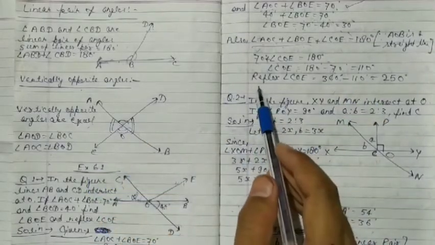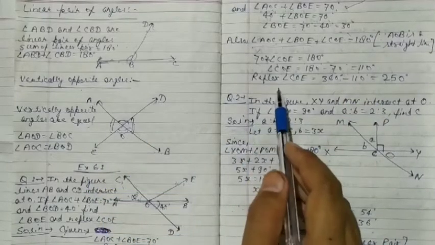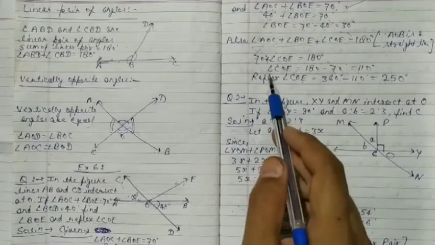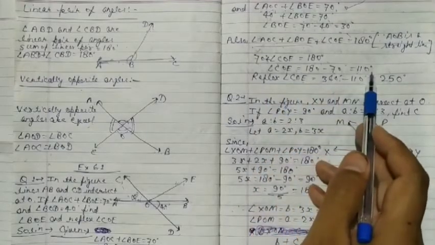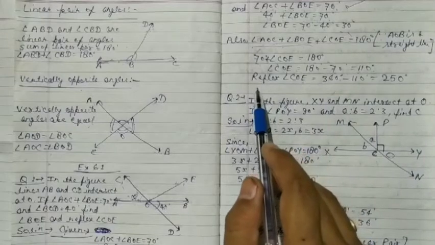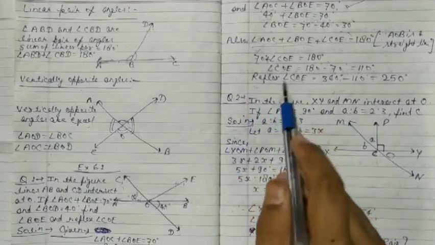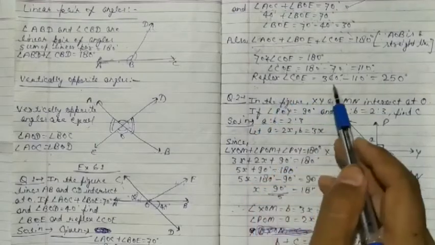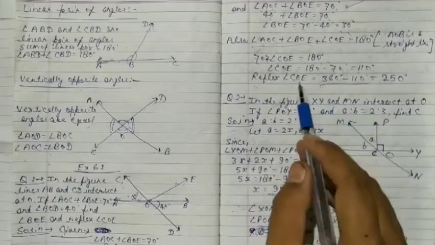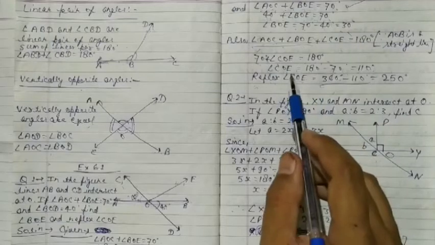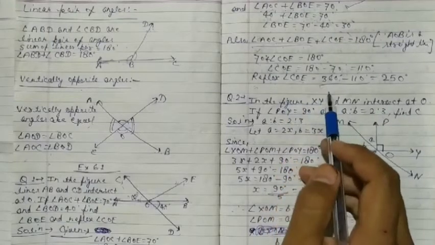Next, we want to find reflex angle COE. The value of angle COE equals 110 degree, and we want to find the value of reflex angle COE. To find reflex angle COE, we subtract the given angle from 360 degree.